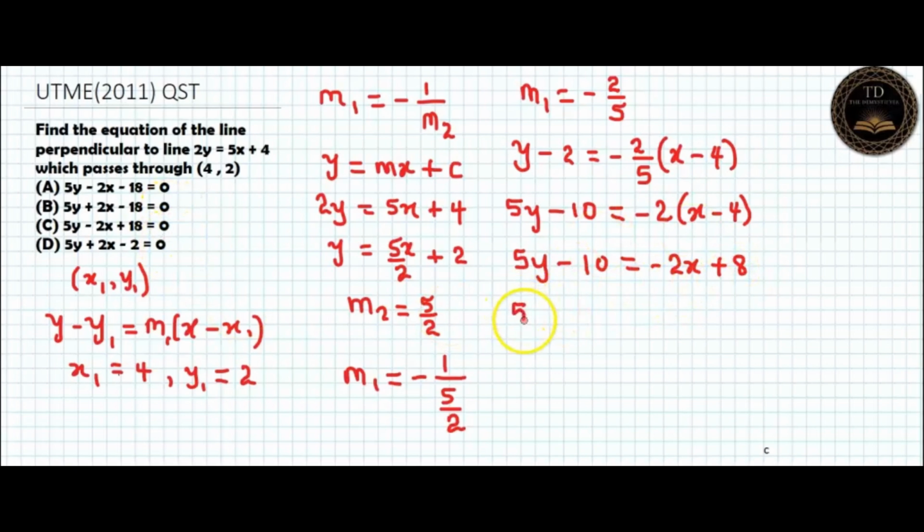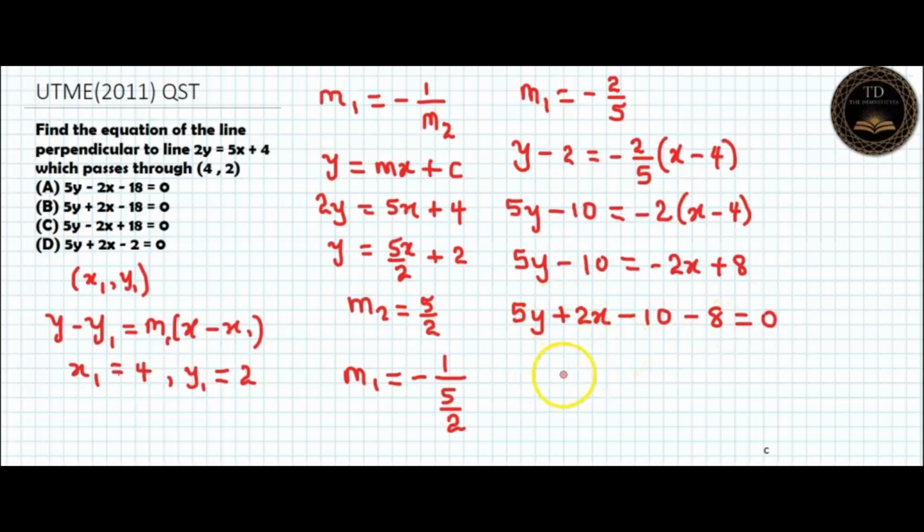So we'll have 5y, I'll put the x close to it, so that will become plus 2x, and then minus 10, and then I'll bring this over to become minus 8, equal to 0.